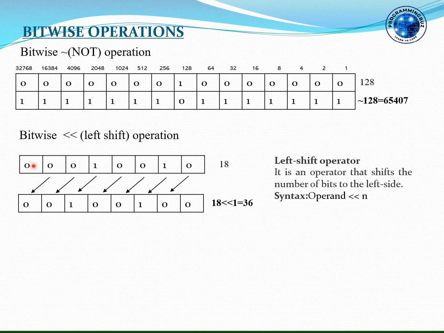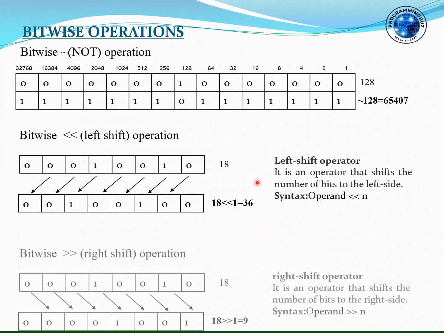Similarly this 0 will be shifted here, and so on, and a 0 will be added on the right-hand side. Hence this is the result for 18 left shift 1, which is equal to 36. So it is a very simple operation, the left shift operation.